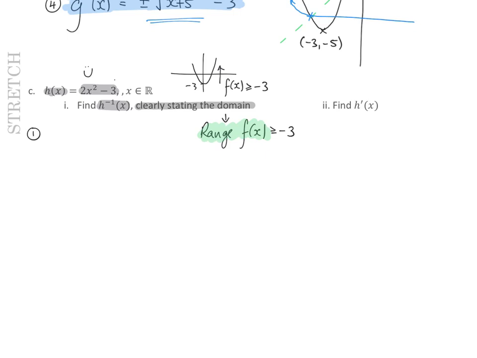So number 1, we write y equals. Number 2, we swap our x's and our y's. Number 3, we make y the subject.